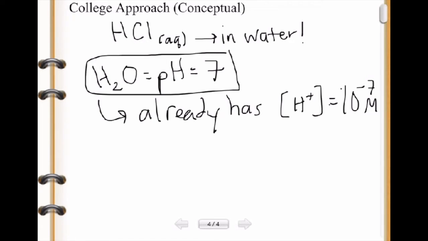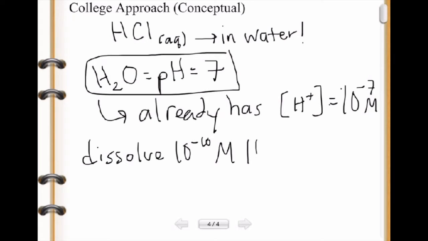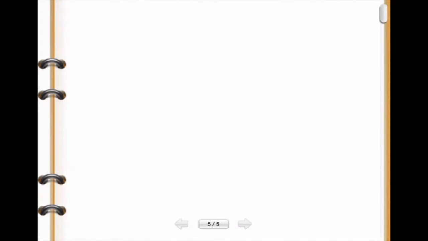But now what we're saying is we had dissolved 10 to the negative 10th HCl into water. And when you do that, you have two different things happening here. Because already you have water breaking down. Technically it's not breaking down, so I'm not going to draw the single arrow.